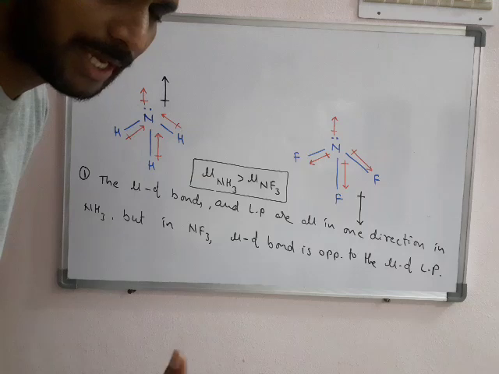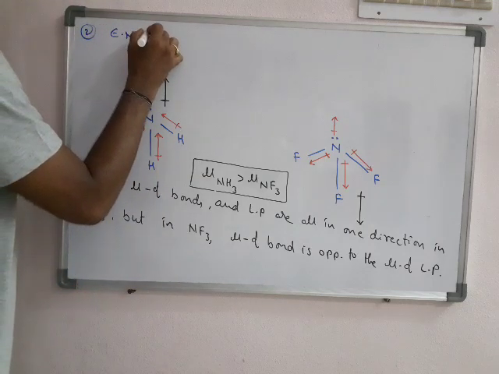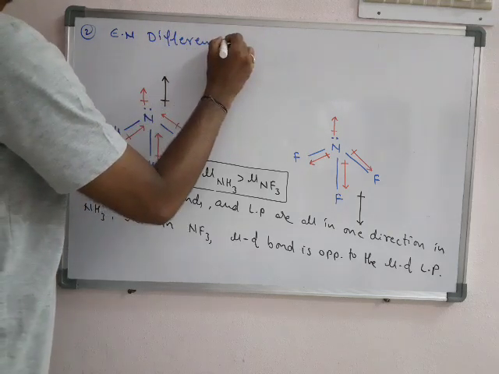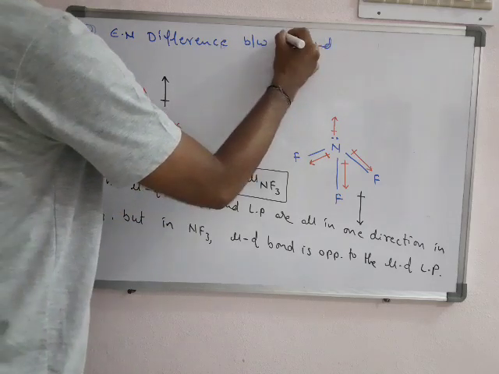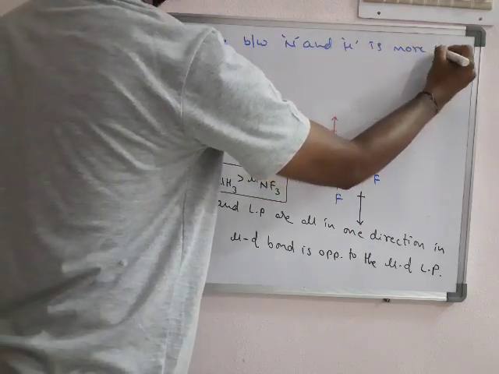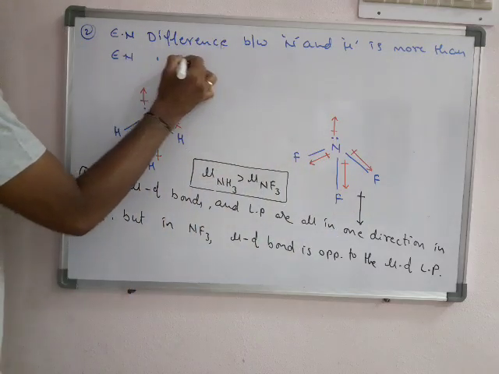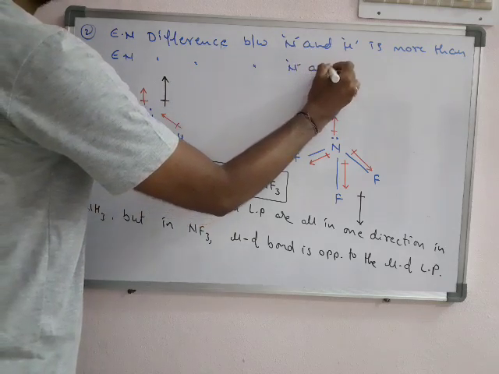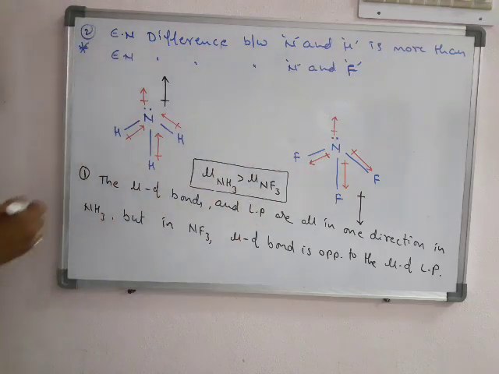Electronegativity means more polarity, more dipole moment. Simply we can write that electronegativity difference between N and H, nitrogen and hydrogen, is more than electronegativity difference between N and F. It is the main reason.